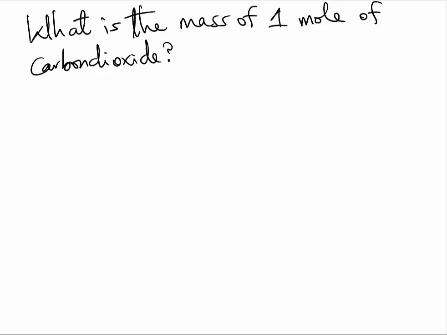Carbon dioxide has a formula of CO2. We want to know the mass of 1 mole of carbon dioxide. That means we should look at the periodic table and add up all the atomic masses in the formula.